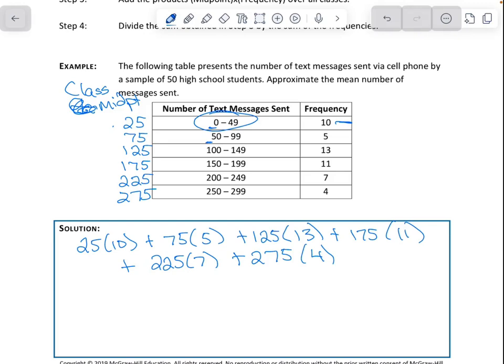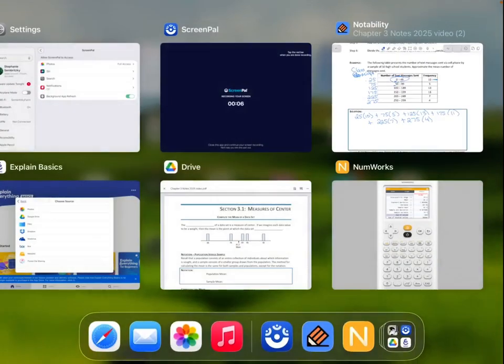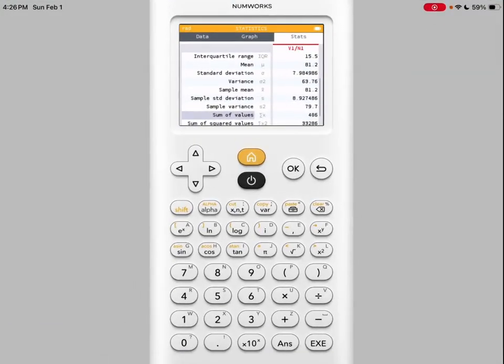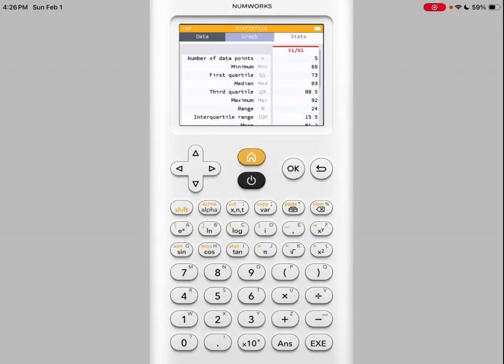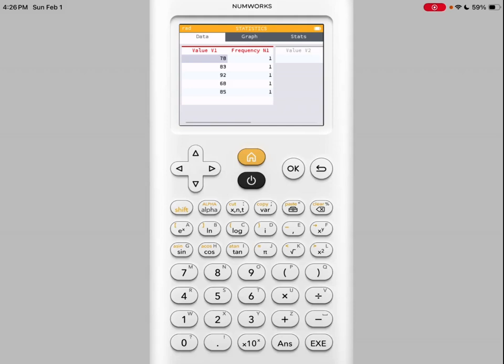Or, if you're in the NumWorks app, when you go to your data set, you could type in your midpoints. And then in the frequency column, put the frequency for each of those classes.